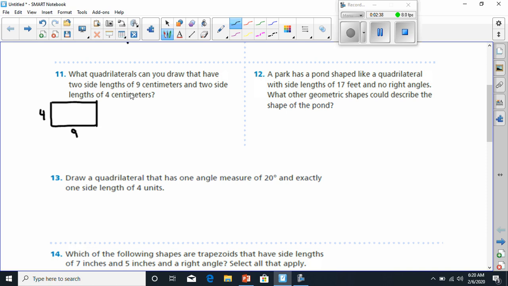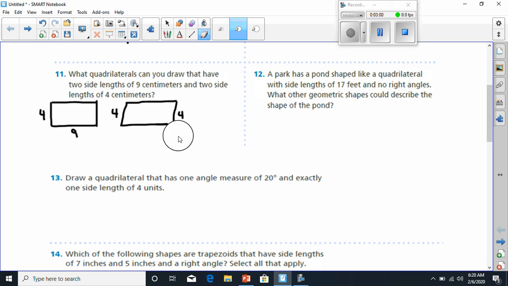Another one that might fit would be a parallelogram, and that would be one that's offset, right, like so. These would still be 4 even though they're at a slight angle. And there's this ugly thing here. And these would be 9. Okay? Let's see. So right now we have a rectangle.